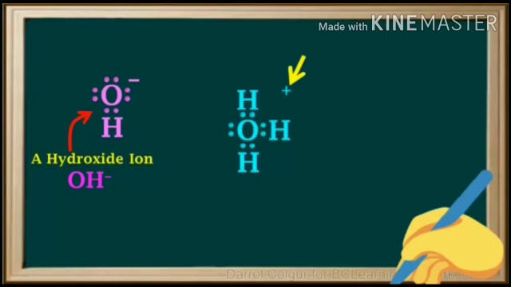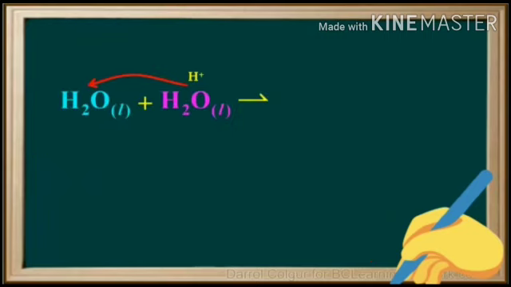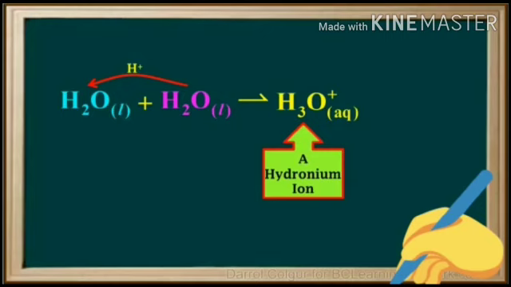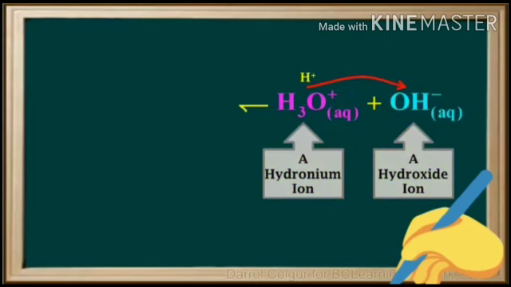So the water is ionized as H3O plus, hydronium ion, and OH minus, because of transfer of H plus ion from one water molecule to another. Even on the product side, the hydronium ion can give a proton to the OH minus and it becomes water molecule again, isn't it?